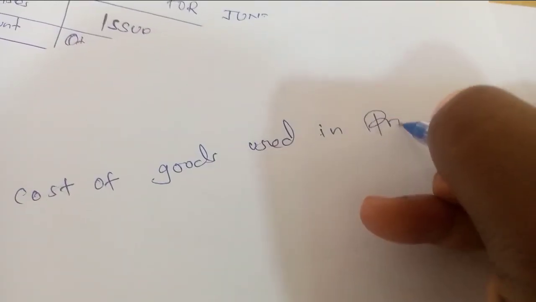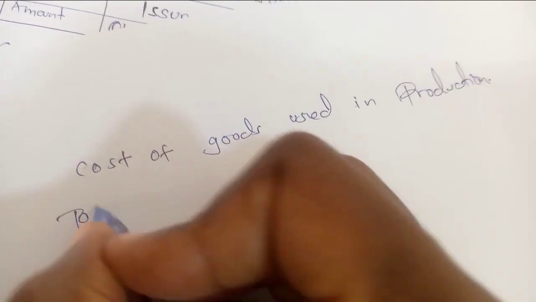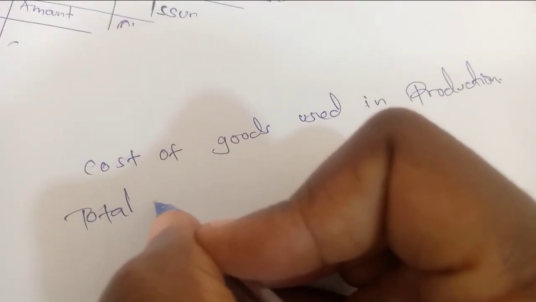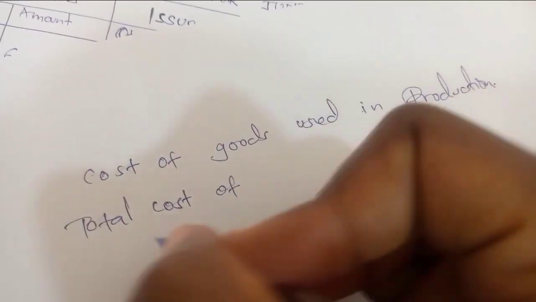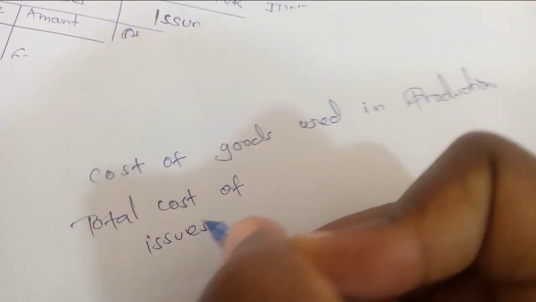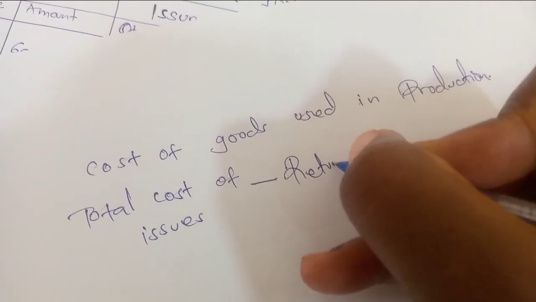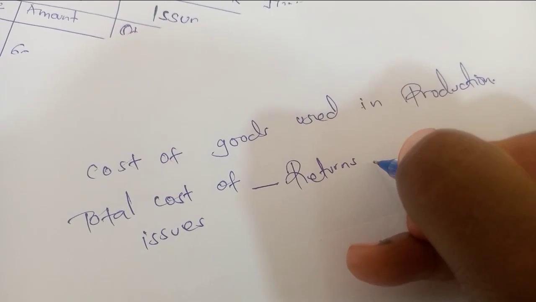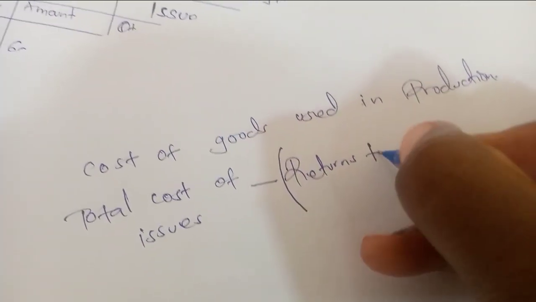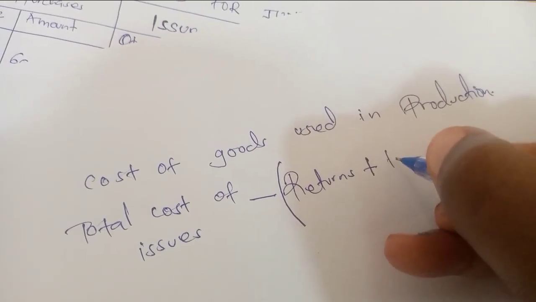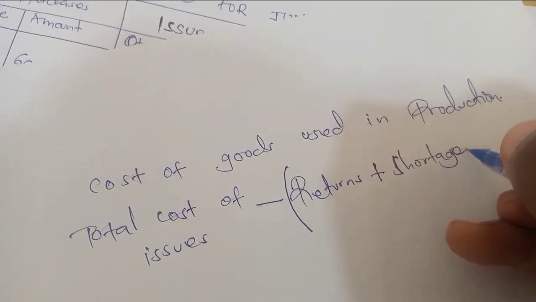So here we consider the total cost of issues minus returns. Let's put it into brackets, minus returns plus any shortage or what is stolen, something like that.